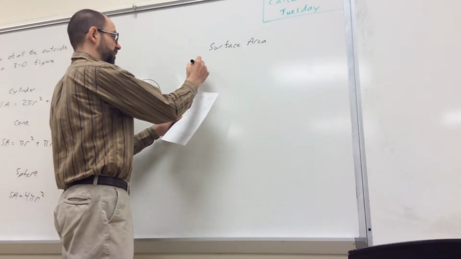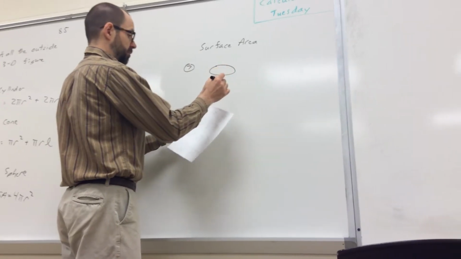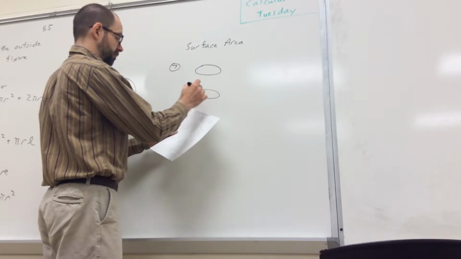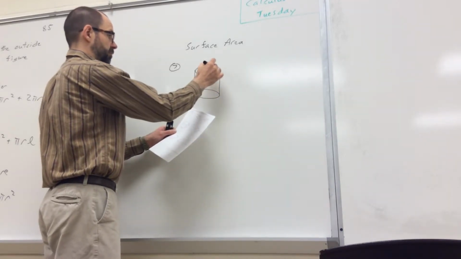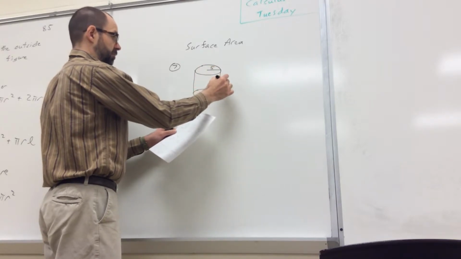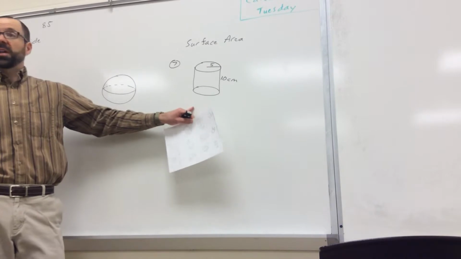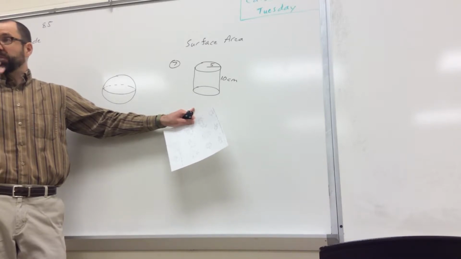And we're going to start with number 7. So what kind of a shape is this? It's a cylinder, right? So we're going to have the 2 circles.